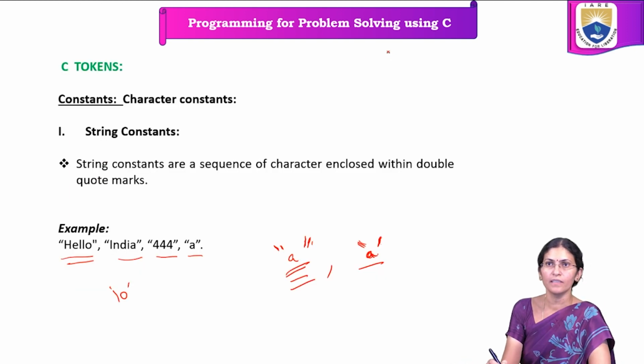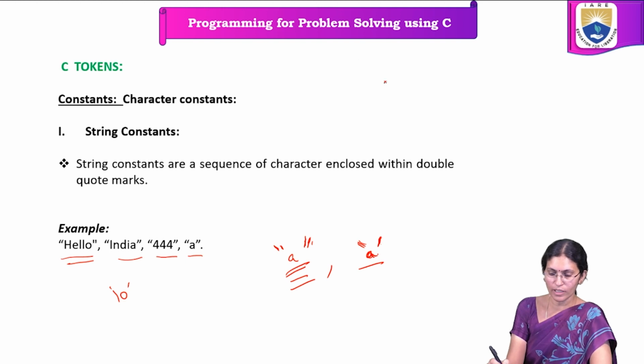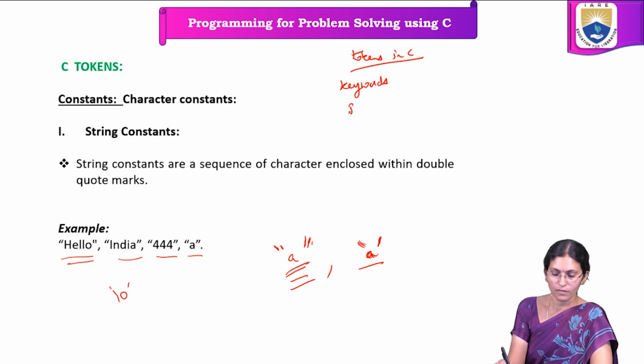Now till now we have discussed the tokens in C. C tokens are keywords, identifiers, and then constants.